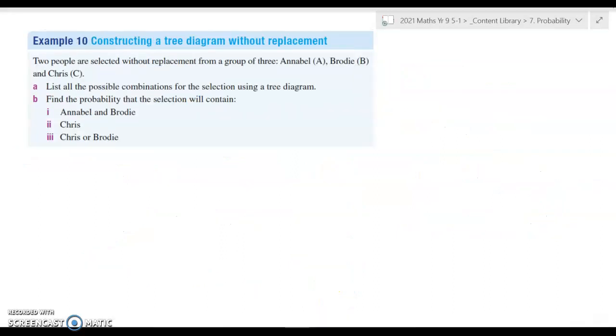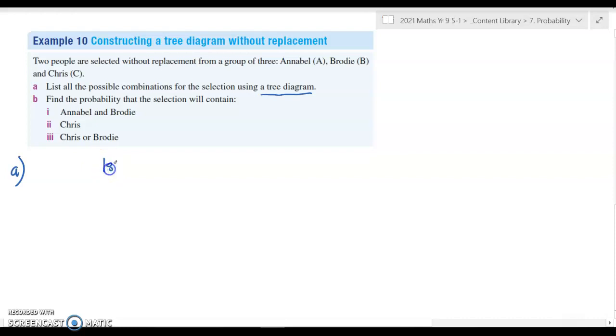The last example is asking us to select 2 people from a group of 3 without replacement. So what that means is, effectively, I can't choose the same person twice. In part A, it wants me to list all the possible combinations for the selection using a tree diagram. So I need to draw a tree diagram. I've got to choose 2 people.